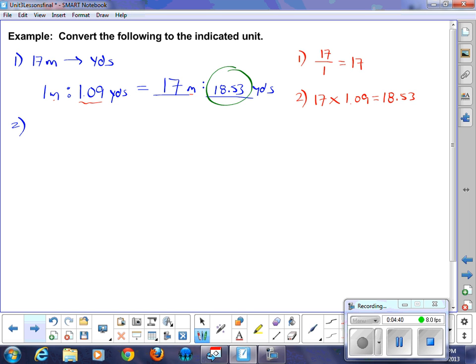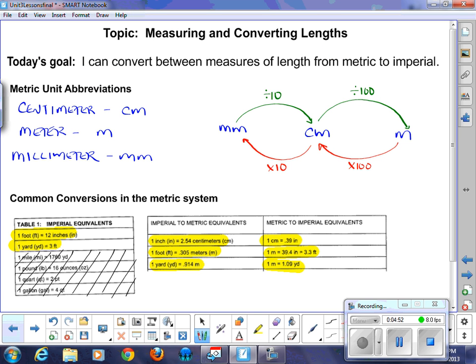So what happens if you want to go from 300 centimeters to inches? So we see, is there a ratio that goes centimeters to inches? And lo and behold, there we are. Well, we have this one. So you have two to choose from, and guess what? You cannot mess this up.